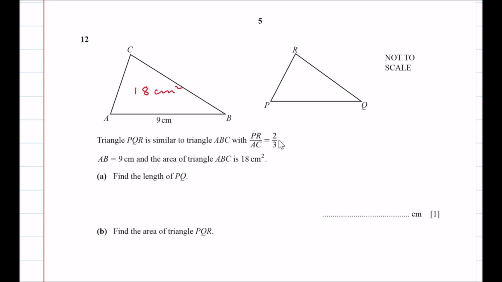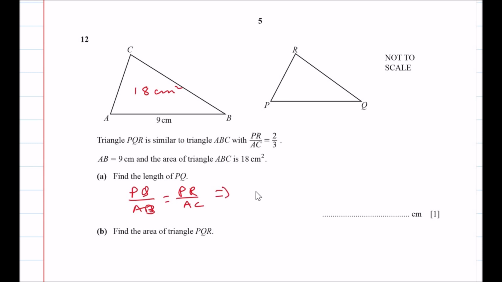As we have the scale factor, we can easily find it. We know that in similar triangles, the ratios of corresponding sides are equal. So we have to find PQ. So PQ divided by AB is equal to PR by AC.